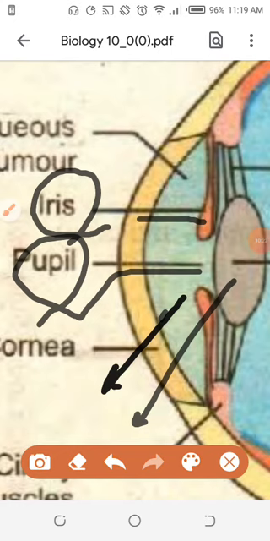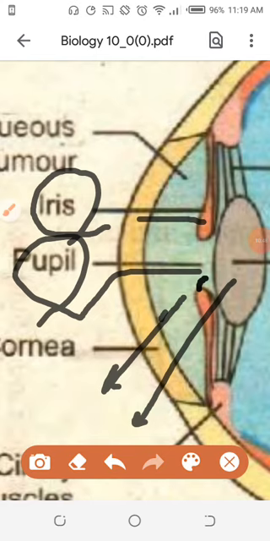What will happen? The pupil can increase in size, and this opening can decrease in size, and that is the way of the light image, because you want to convey that light image to the biconvex lens. When that light image does not enter the biconvex lens, it will be damaged, and the biconvex lens will not be able to receive the image.